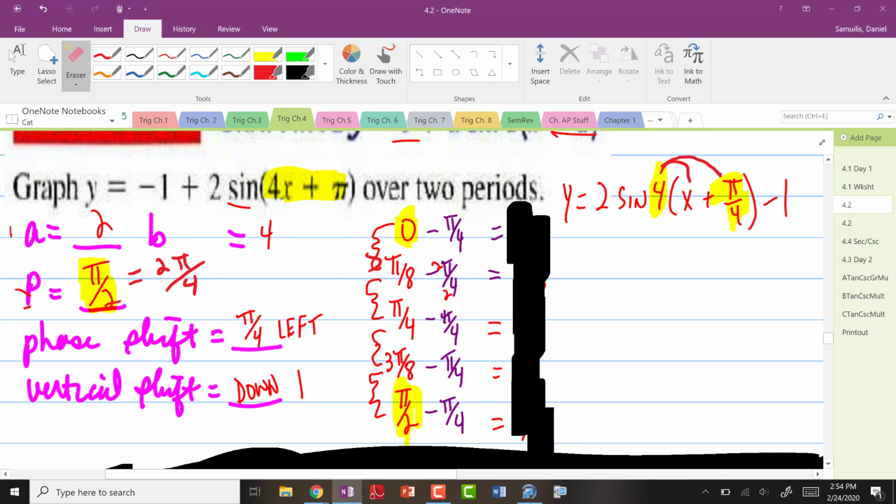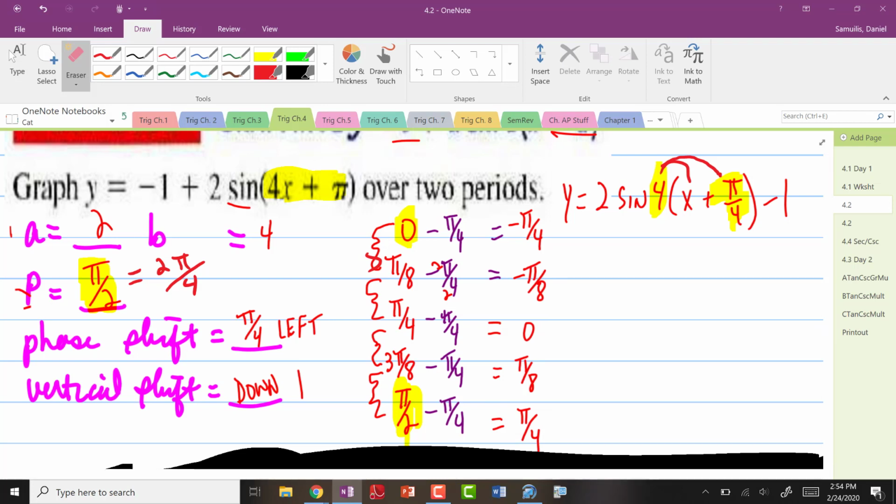Then 0 for the third one. So we have negative pi over 4, negative pi over 8, 0. What do you think the next one's going to be? If you were listening, it'd be pi over 8 and then pi over 4. This is a real nice phase shift compared to the period. This one worked really well, and it really shouldn't be that hard.